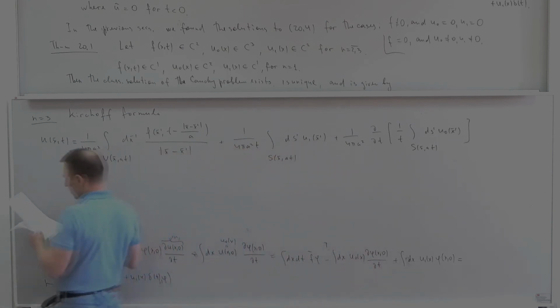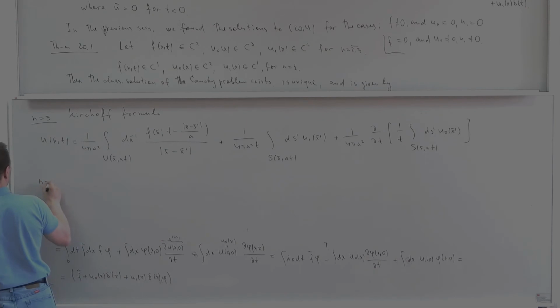Okay, the next formula, when n is equal to 2, this formula is called the Poisson formula.